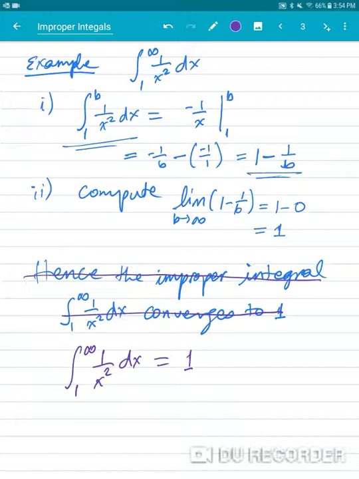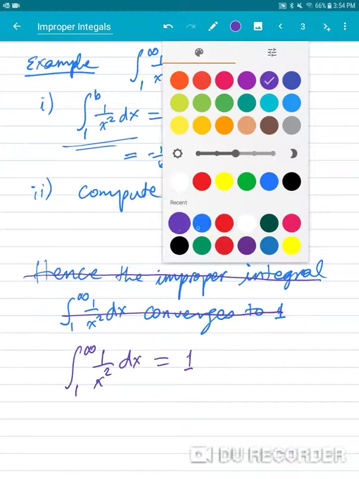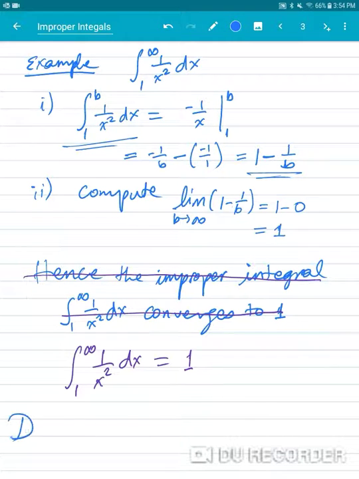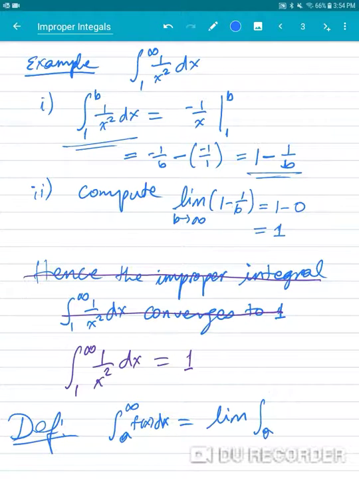Well, I didn't give you the actual definition yet. This is what the actual definition looks like. The integral from a to infinity of f of x dx, this improper integral, is defined as the limit as b approaches infinity of the integral from a to b of f of x dx. That's what you will see in your books.